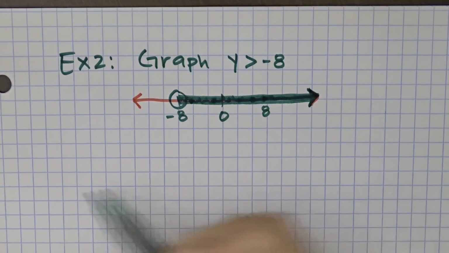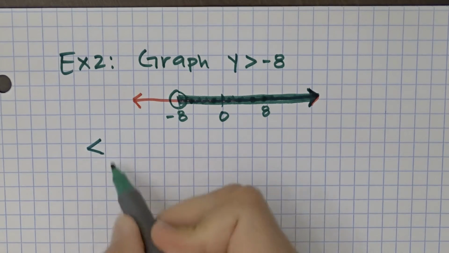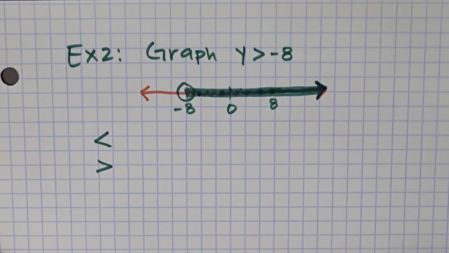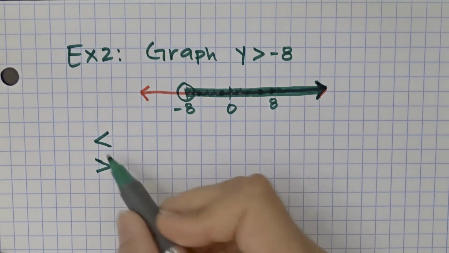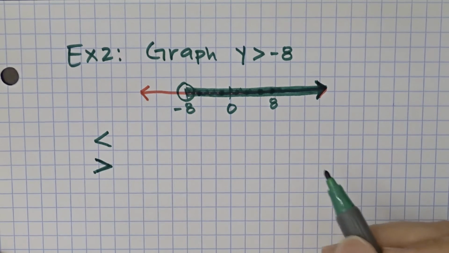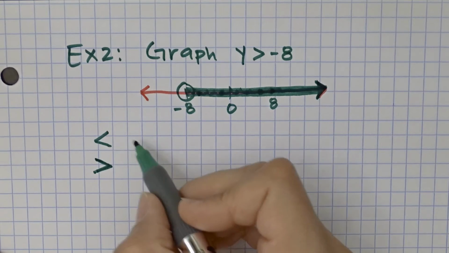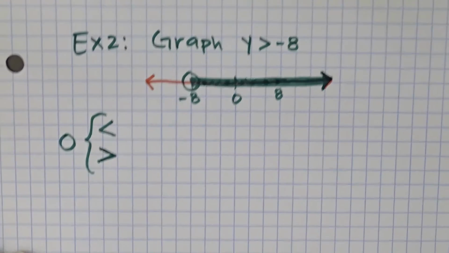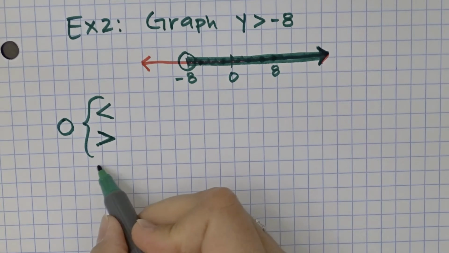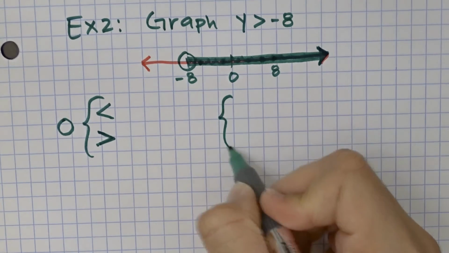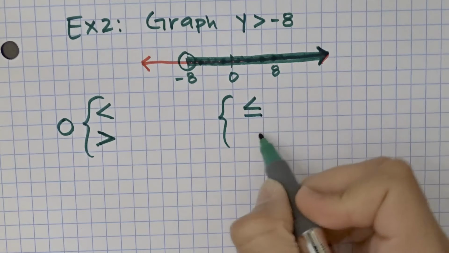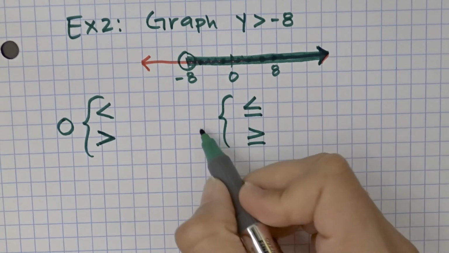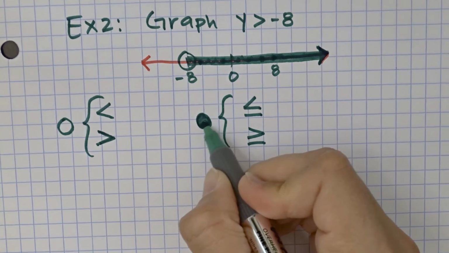Now, a lot of students get confused, so I just want to do a little note here. When you see just straight-out less than and greater than, that is going to be an open circle. And if you see something like less than or equal to, greater than or equal to, that's going to be a closed circle.